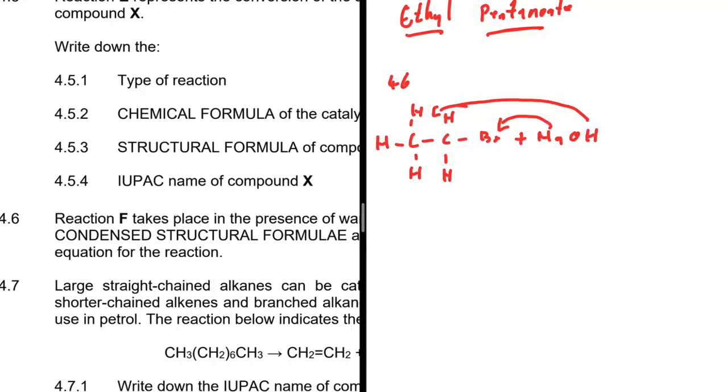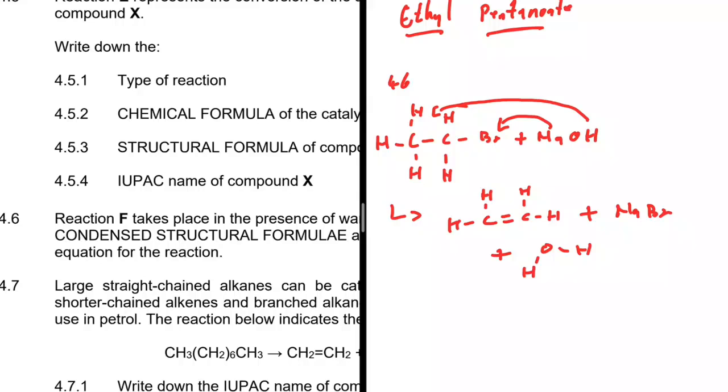Let me show you. The product has one double bond because now it is an alkene, with hydrogens elsewhere, plus NaBr plus H2O. This is how the reaction takes place in terms of the structural formula.